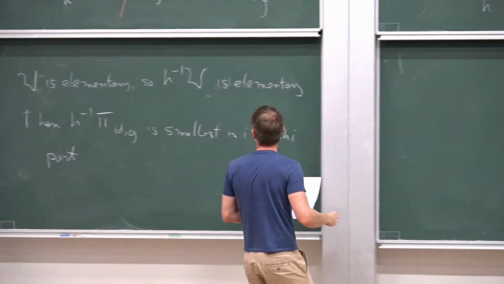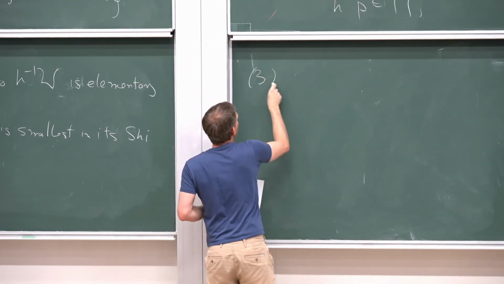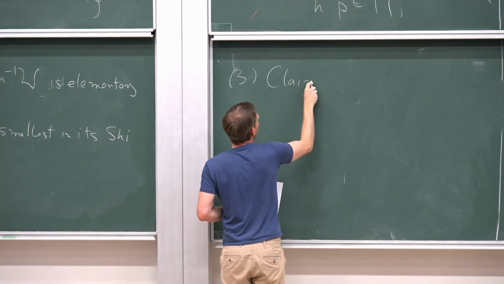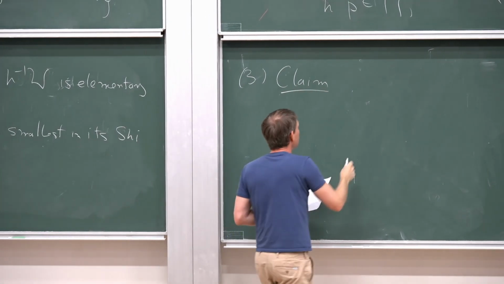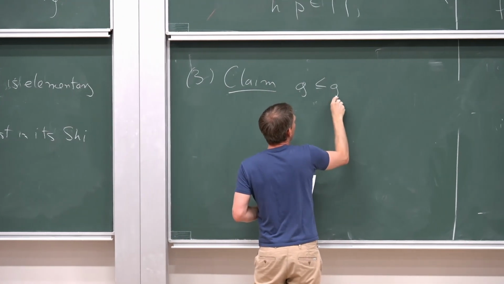The key thing to prove part 3 is the following claim, whose proof I will skip. Namely, it's monotonicity, but in the other coordinate.